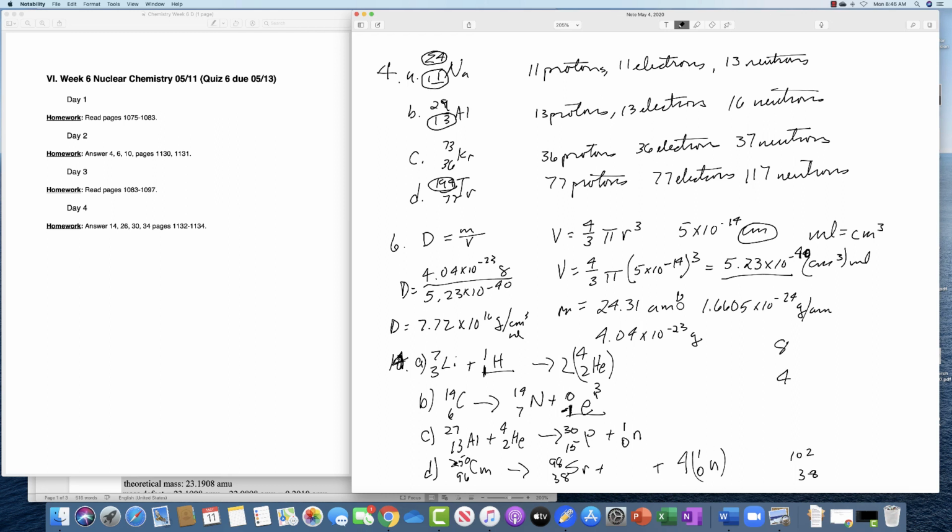If we subtract 102 from 250, we get 148. And if we subtract 38 from 96, we get 58. So 58 plus 38 gives us 96. If you look in the periodic table, 58 is Ce, or cerium. And so the balancer is cerium 148 is the answer to this one.